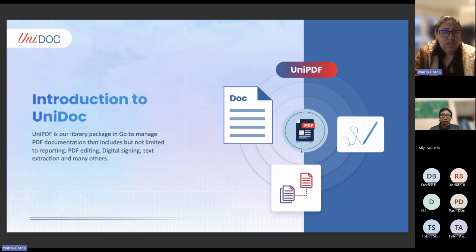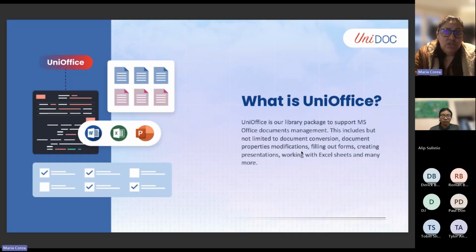UniPDF is our library package in Go. It helps you manage PDF documents, including reporting, PDF editing, digital signing, text extraction, and many others. We also offer UniOffice, our library package that supports Microsoft Office documents.